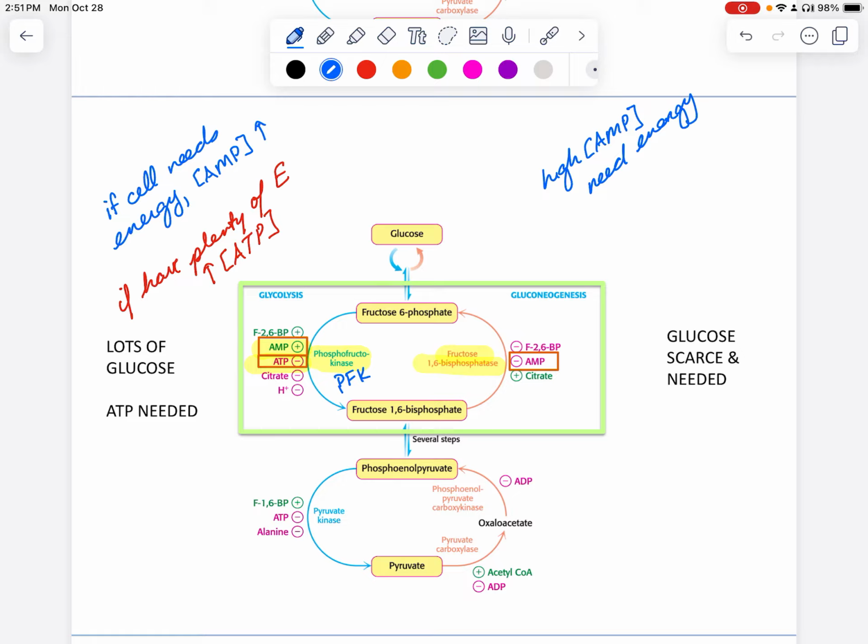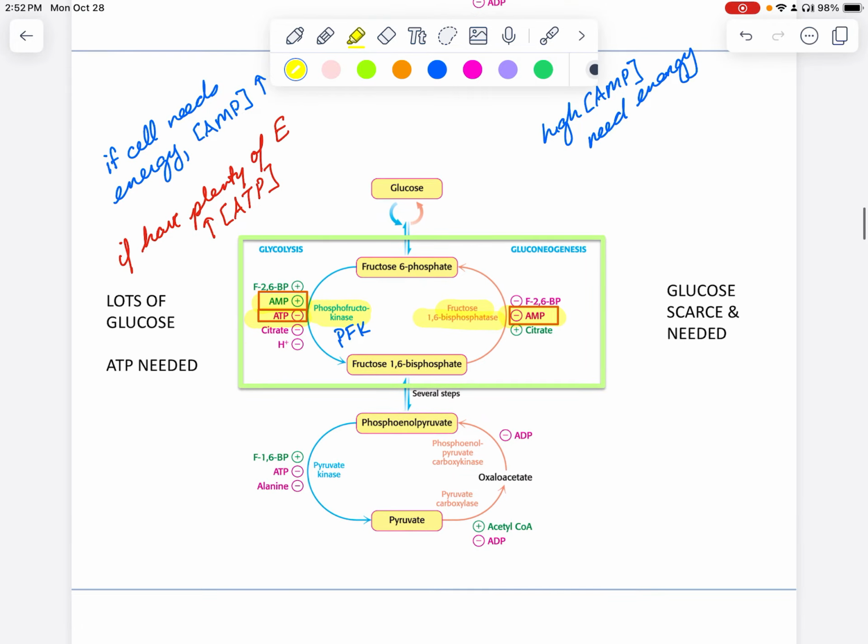Well, if we need to be making energy, we're going to need glycolysis running, right? We're going to need to be going this direction, not this direction. And so high AMP will slow down that phosphatase. We want to be moving towards the fructose 1,6-bisphosphate, not away from it. Okay, so that's based on the energy indicators.